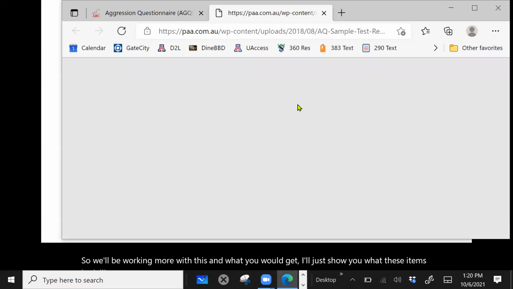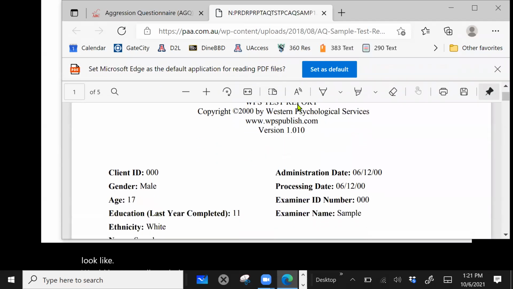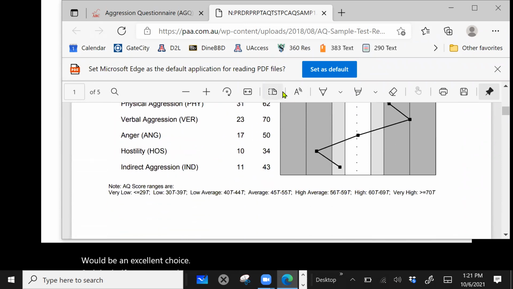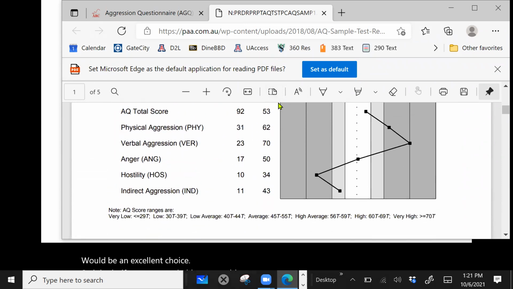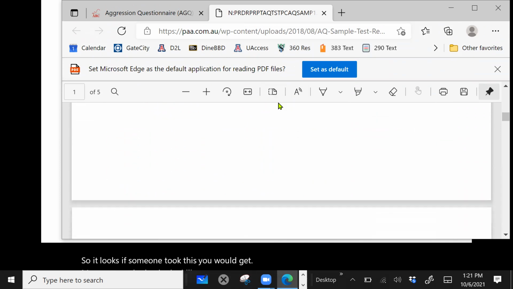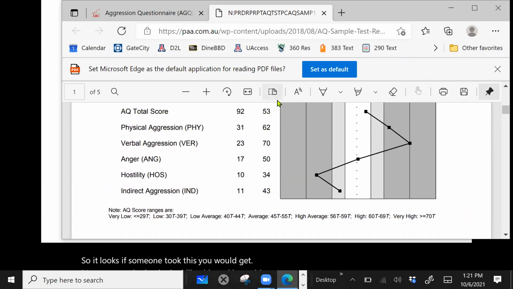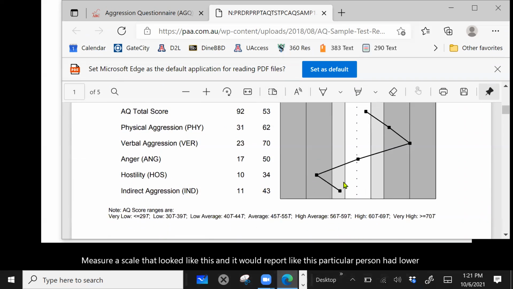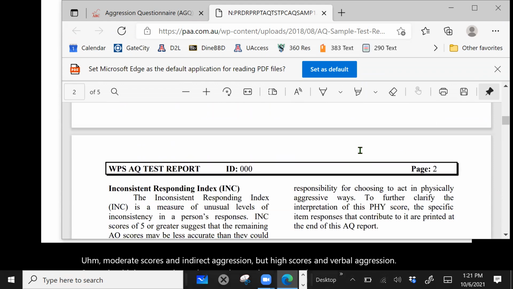If someone took this, you would get a report showing that this particular person had lower scores in hostility, moderate scores in indirect aggression, but high scores in verbal aggression, somewhat higher scores in total aggression, and moderate scores in anger. That's the kind of profile you'd get.